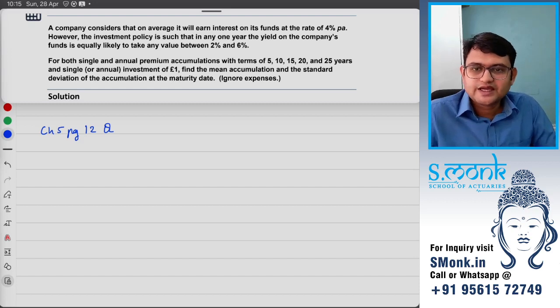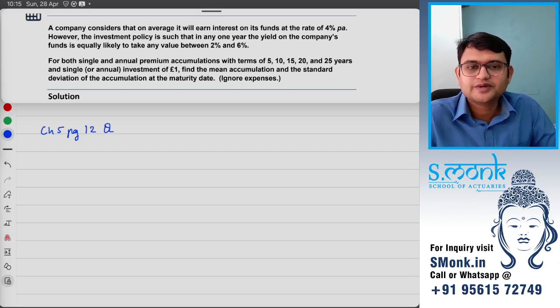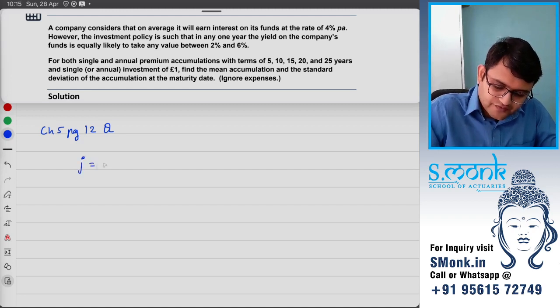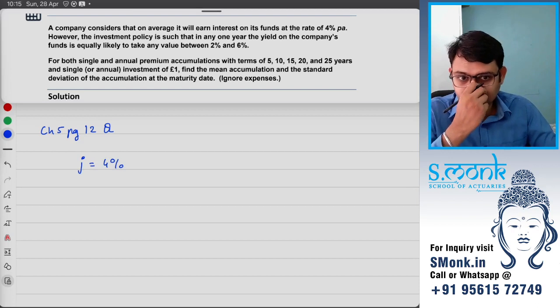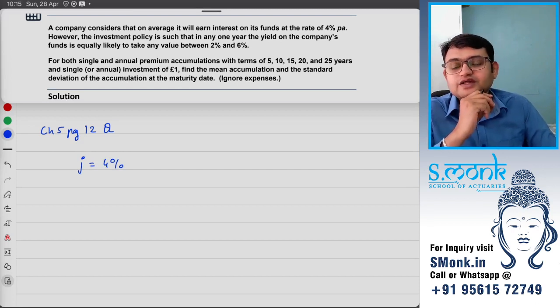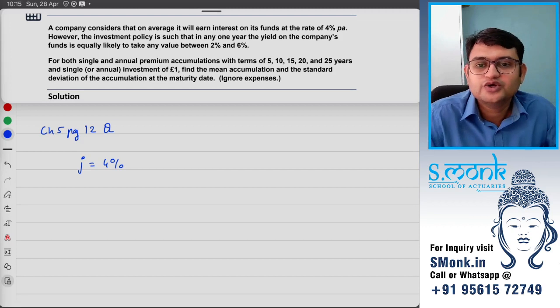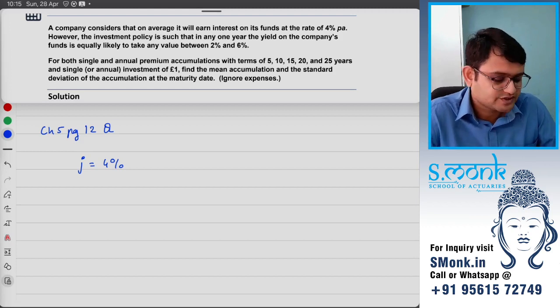So equally likely. Okay, so they are saying that a company considers that on an average it will earn an interest of 4%. So on an average, the average rate is 4%. However, the investment policy is such that in any 1 year, the yield of the company's fund is equally likely to take any value between 2% to 6%.